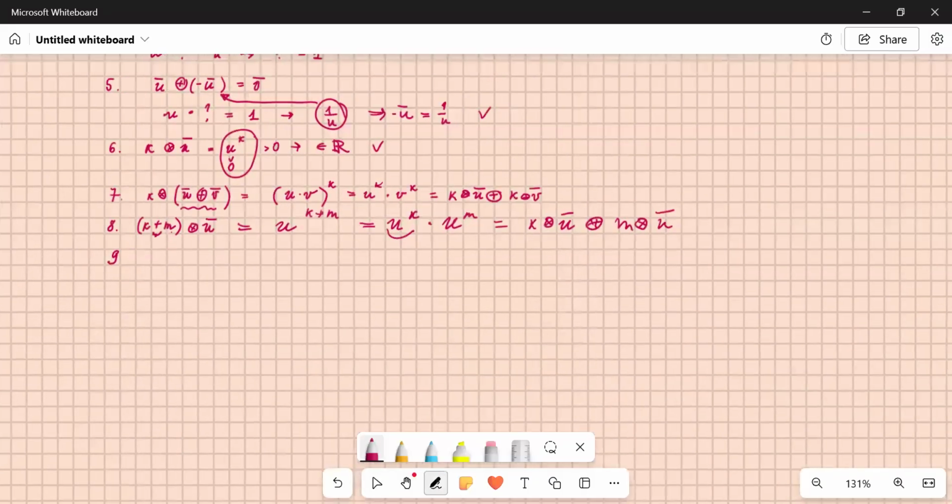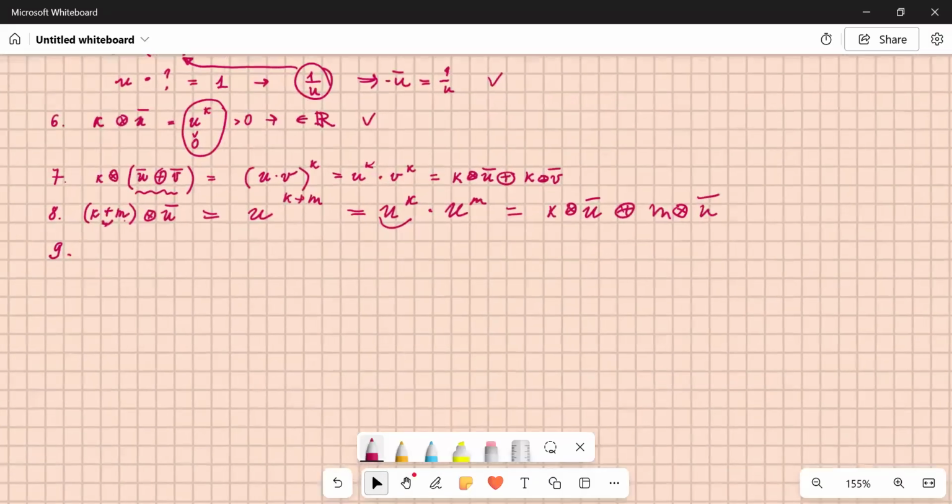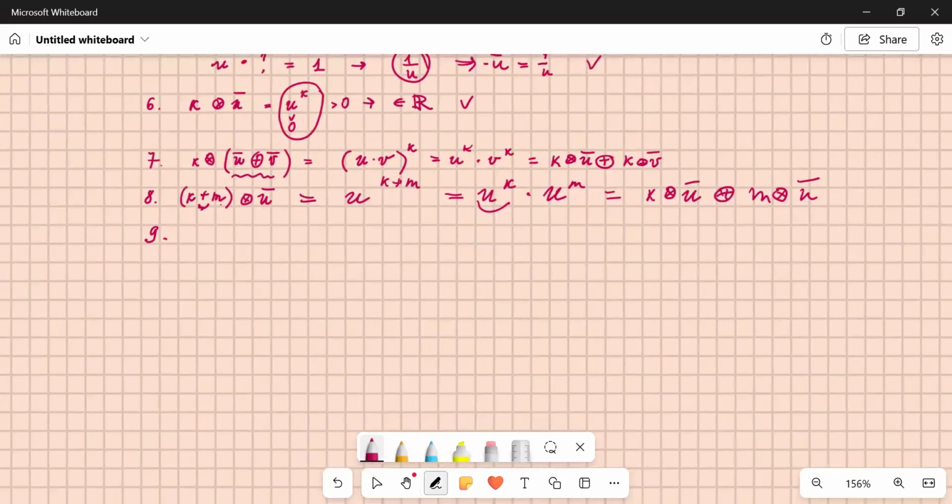Shifted the whole thing a little bit this way so I can have more space. Axiom number 9 is going to be double product, right? That associative law for multiplication. K multiplication M. I'm sorry, here is supposed to be the strange multiplication.